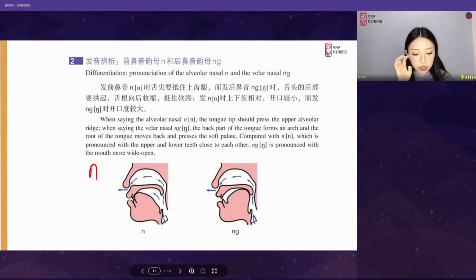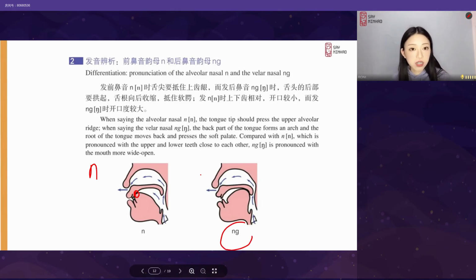For this one, we rise up the front part of our tongue and make it touch the upper gum. Touch it here. Read after me.